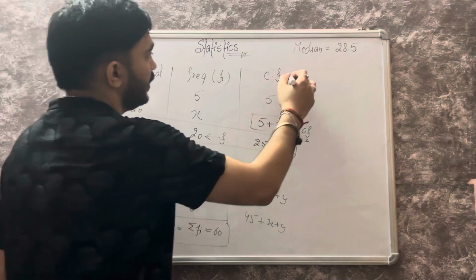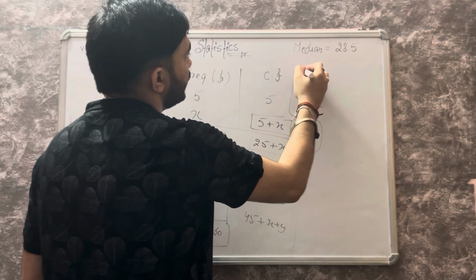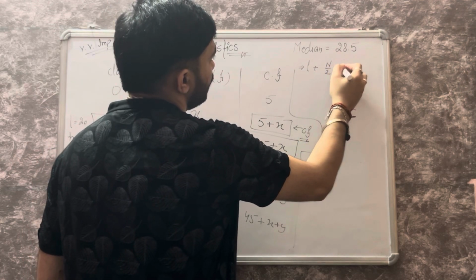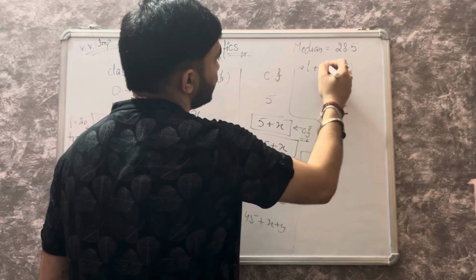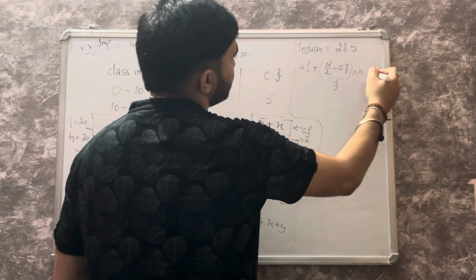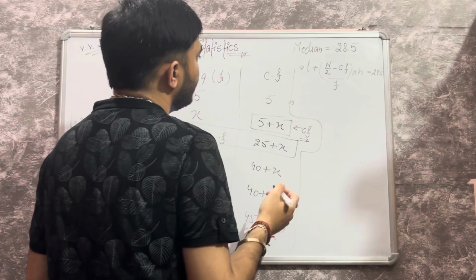Now let us find the value. Write the formula of the median here, that is L plus n by 2 minus cumulative frequency divided by frequency, multiplied by h, is equal to 28.5, given to us. Now what is the value of L?